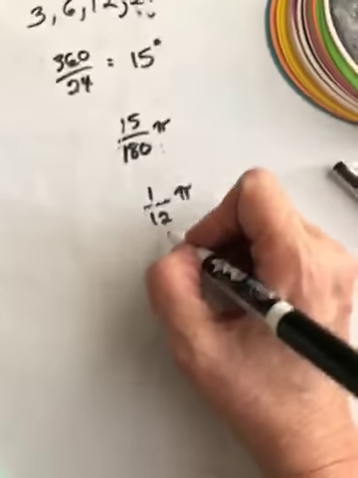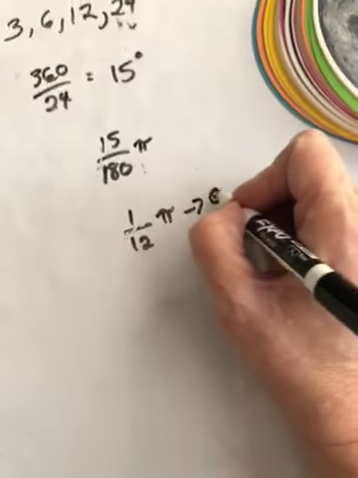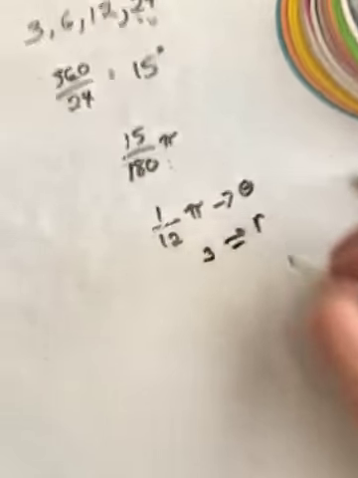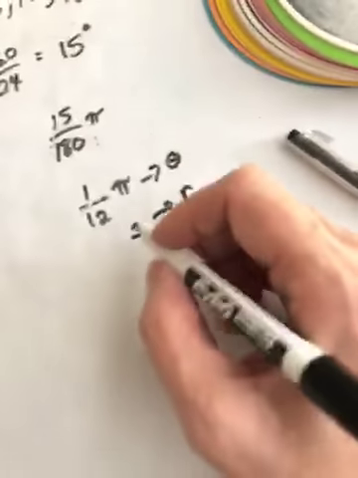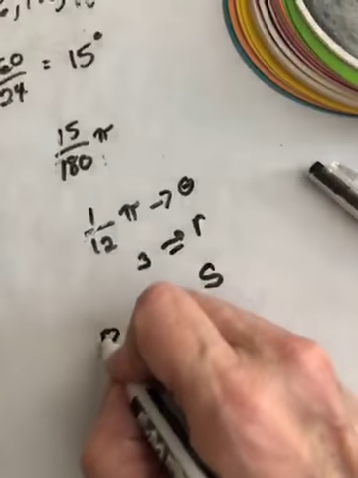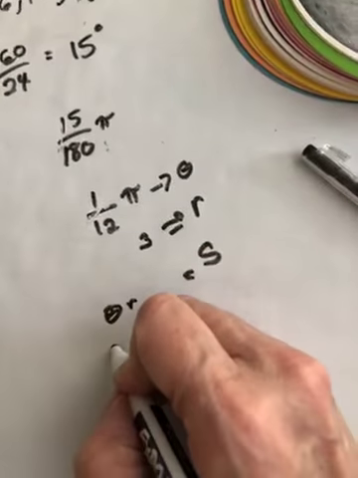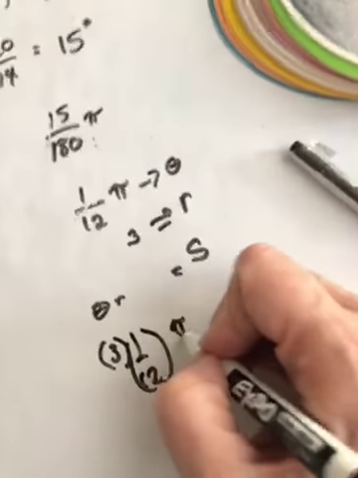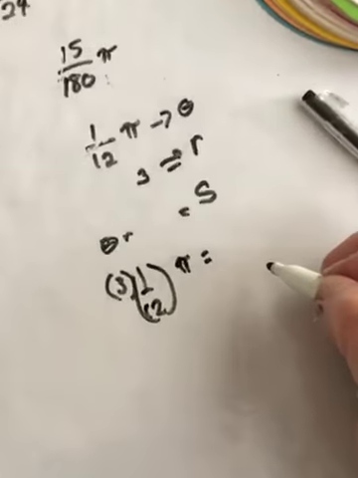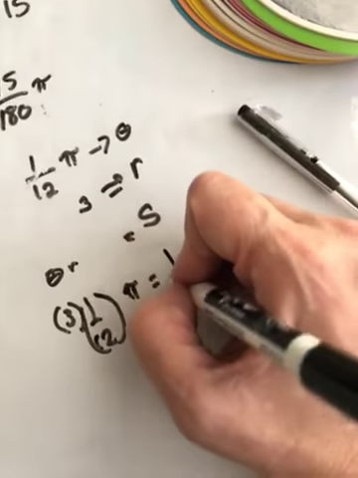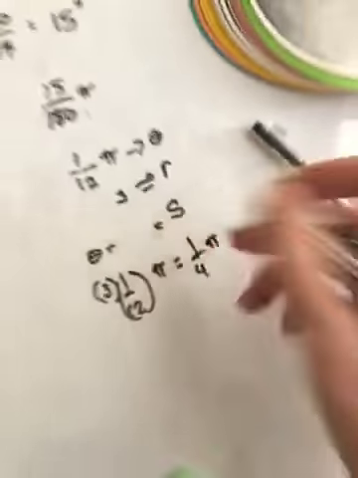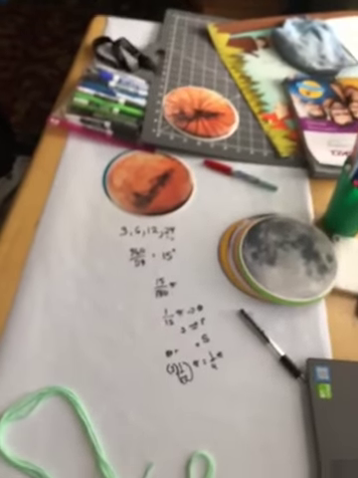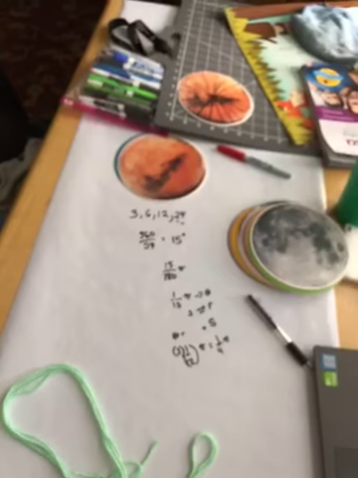So as this is your theta, my radius is 3. So your arc length S is going to be theta times radius, or okay, so each arc, your arc length is 1/4 pi. So that's how you would start it. So you'd be taking and dividing up one circle that way and getting the arc length.